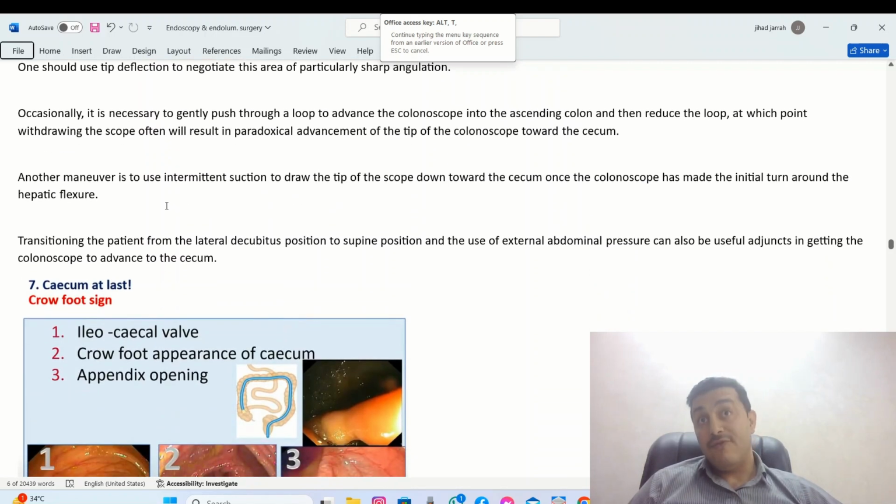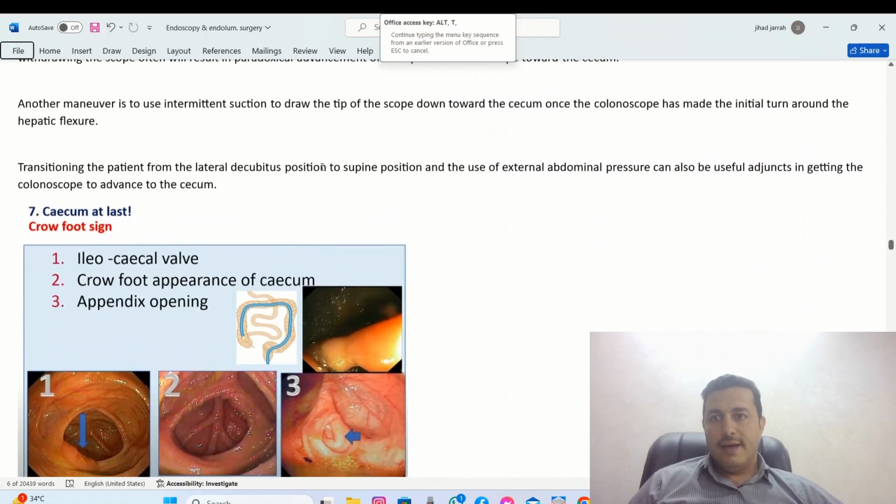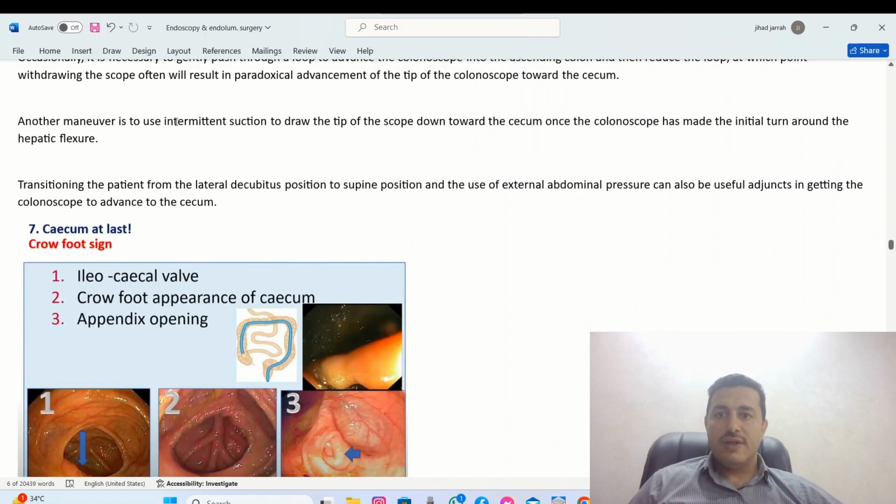Of course, if we encountered a loop during the transverse colon, it should be reduced once we reach the ascending colon. As we said, the intermittent suction will draw the tip of the scope down to the cecum.